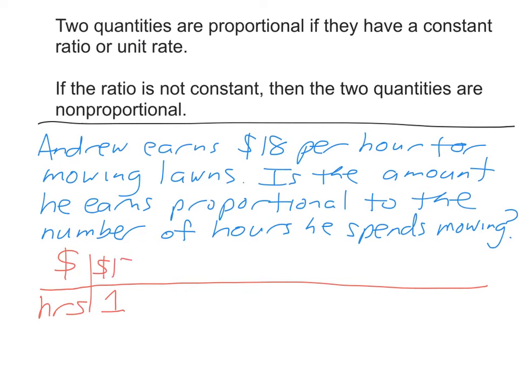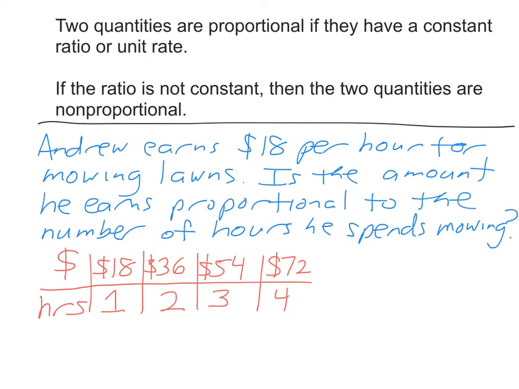Well, he earns $18. If he mows for 2 hours, he'll earn 18 and 18, which is 36. If he has 3 hours, he earns $54. And let's do one more. 4 hours, he would earn $72.